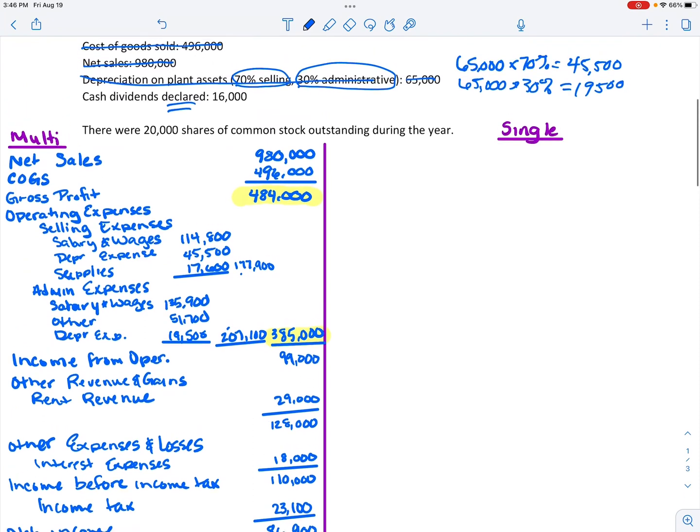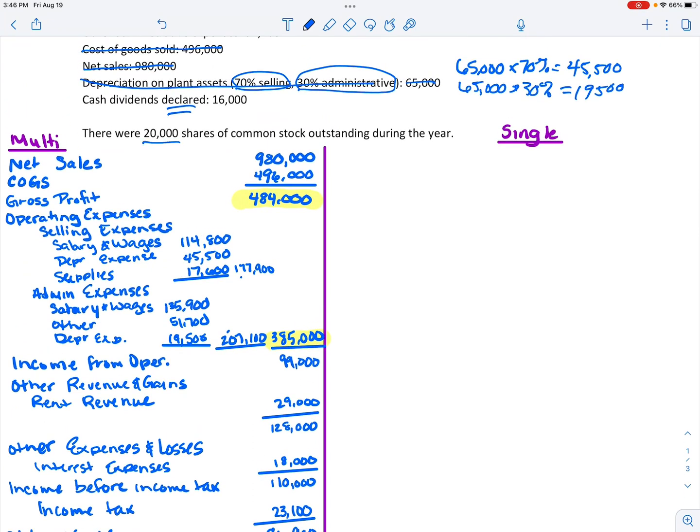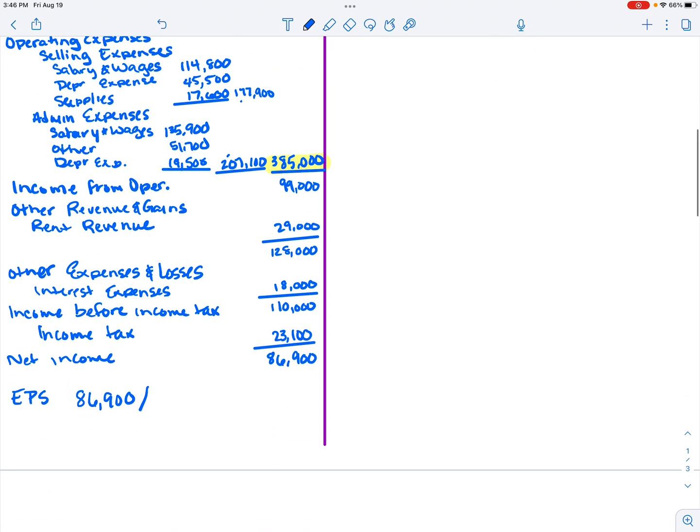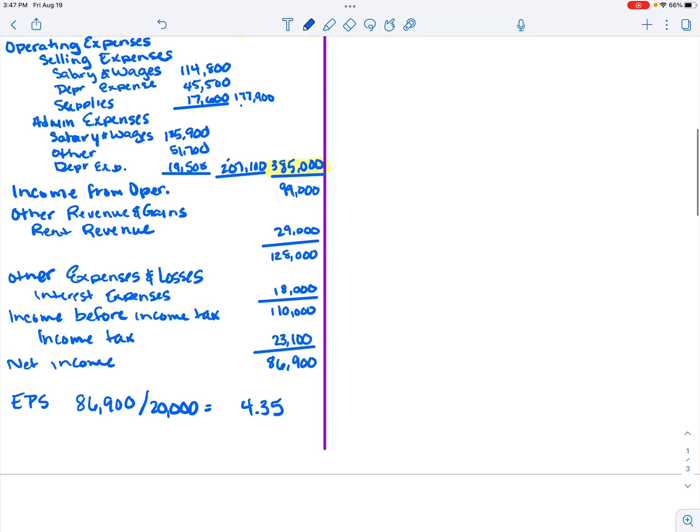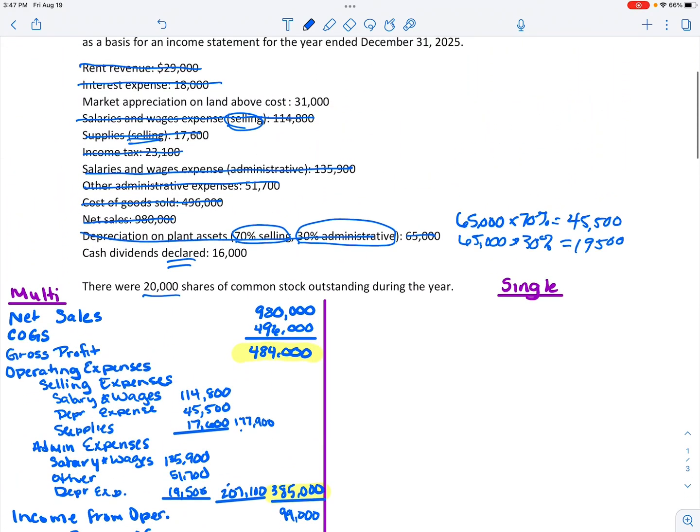We're going to divide that by the number of shares we have, 20,000. So our earnings per share should be around 4.35. You might have to do some rounding a little bit there. So that's the multi-step. Now, let's take a look at the difference between that and our single step.